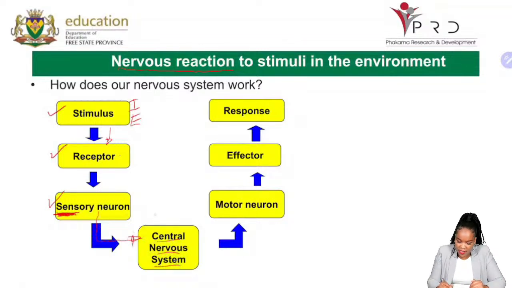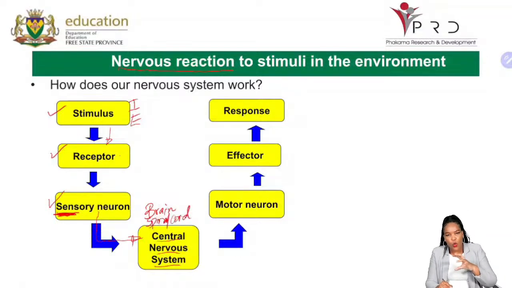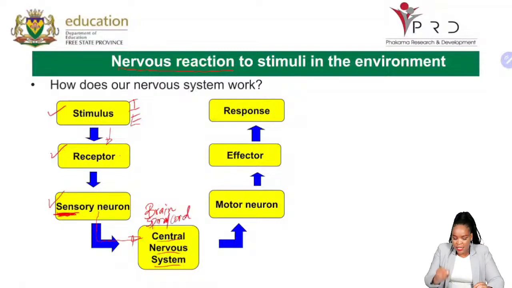The central nervous system is the part that consists of the brain and the spinal cord. That is your central nervous system. This is where this message is going to be interpreted. Then, after this message is interpreted, it is now going to be sent to the motor neuron.